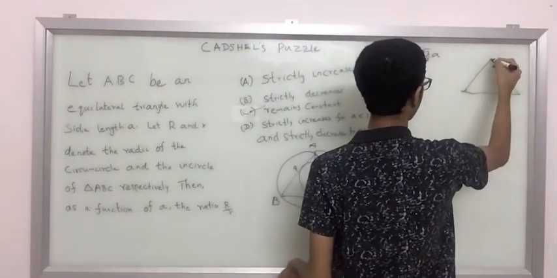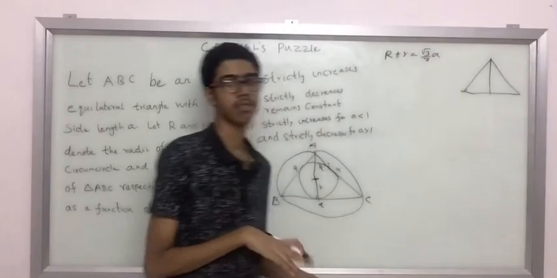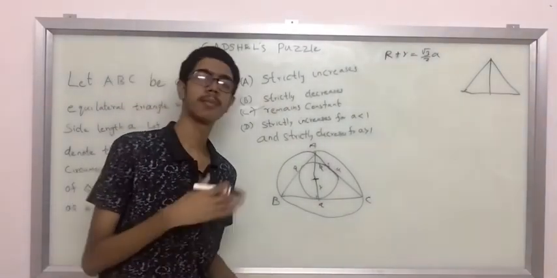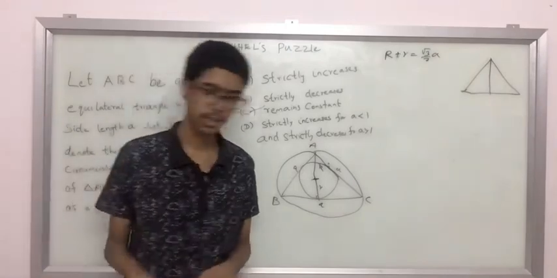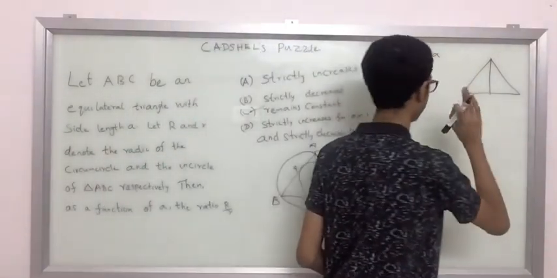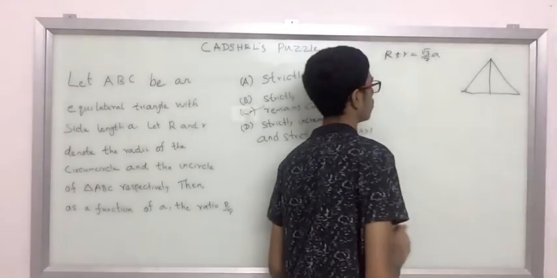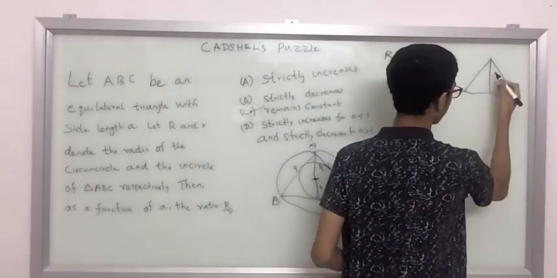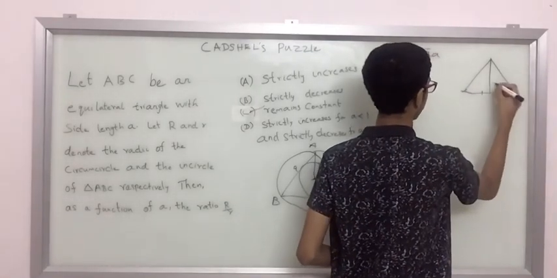It can be isosceles, equilateral, scalene, anything. It can be acute angle, obtuse angle, right angle, it will work for that also. What is it? The median. Think of this as a median, and think of this also as the second median.